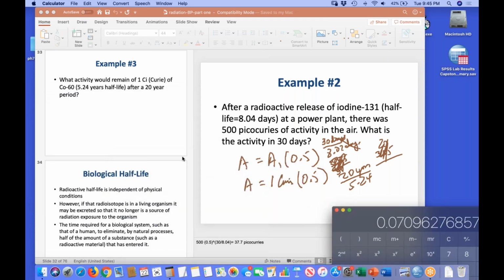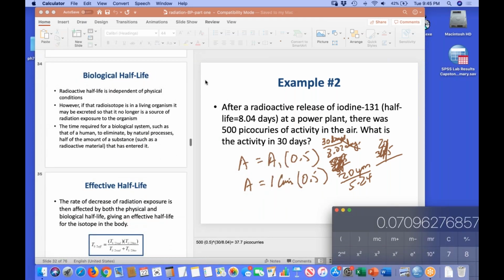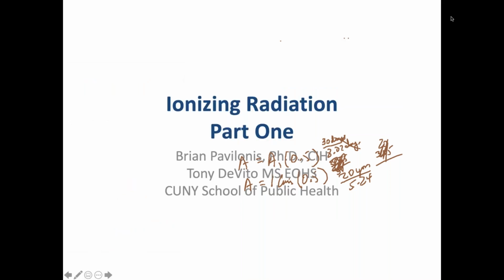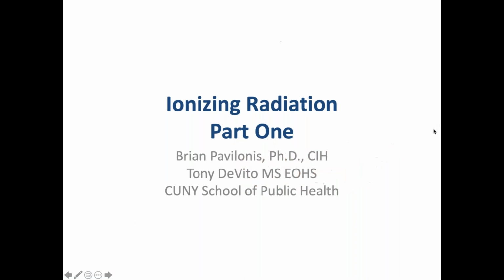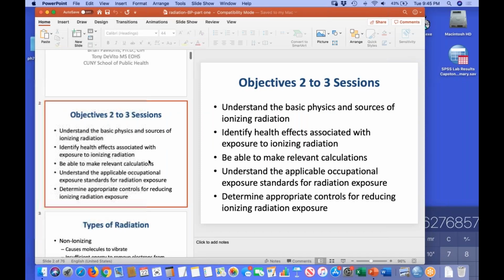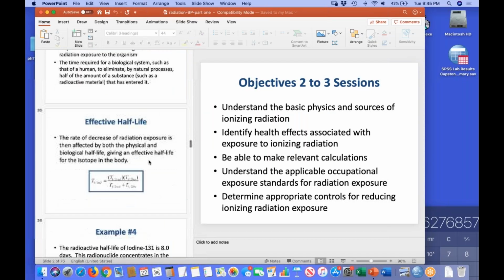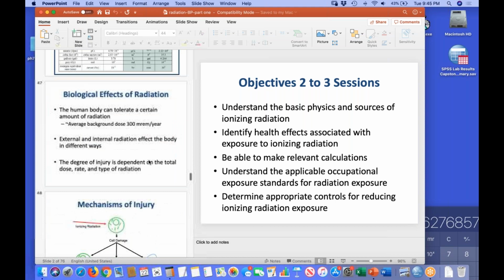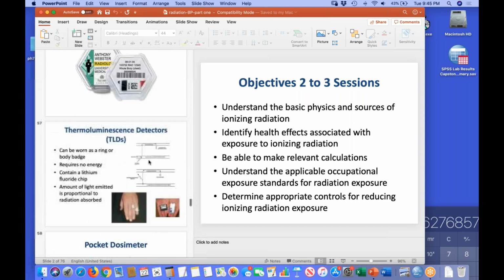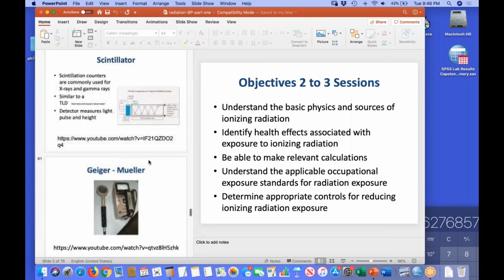Let's see if we got another one we can get to. Let's actually look at this one. Oh, no. What have I done? See, this works better at home when I was doing it on a table.